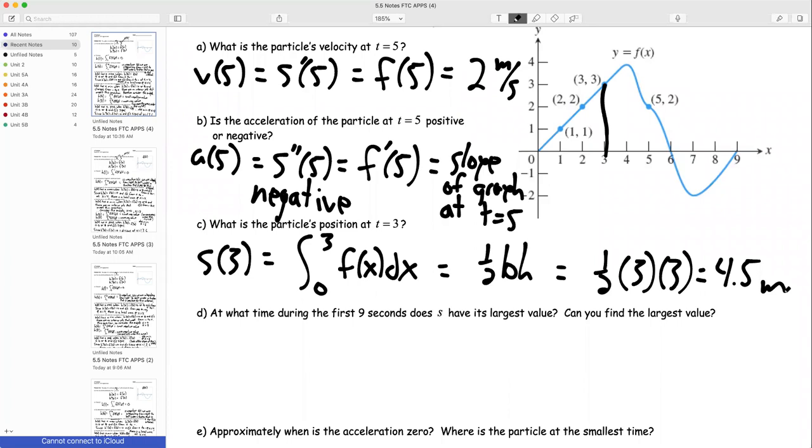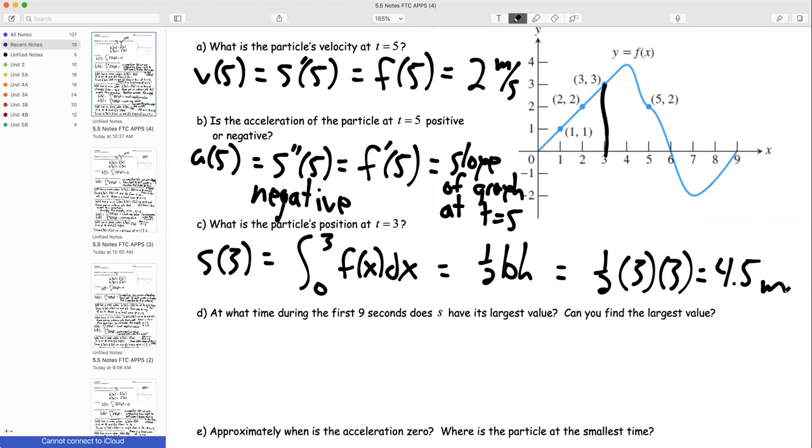Part D. At what time during the first 9 seconds does s have its largest value? Can you find the largest value? So I am looking for what in this question? I'm looking for the absolute max.